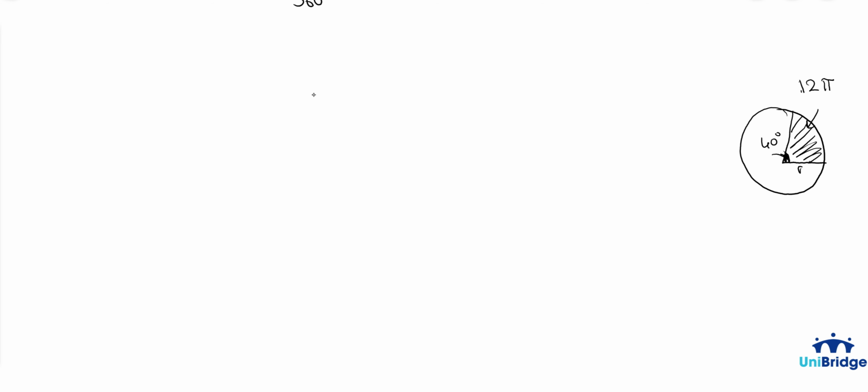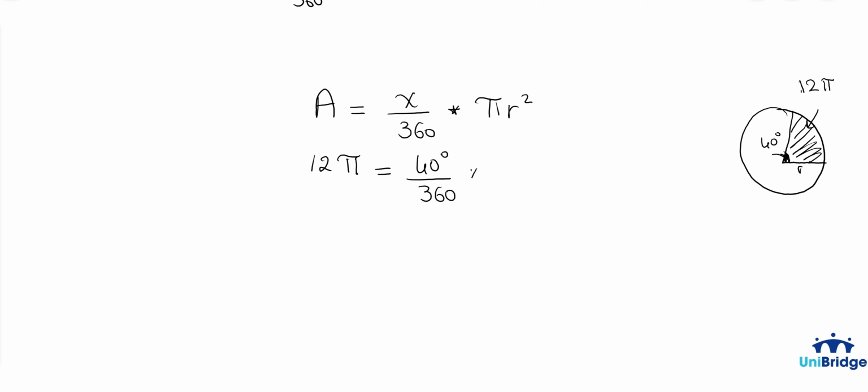Knowing that you have the area, you know you are going to use the rule for the area. So let's write this again: x over 360 multiplied by pi r squared. Now just write in what you have. You have the area of the sector, so you put here 12 pi. You have the angle, so you put here 40 divided by 360, and you just want to solve for the radius.